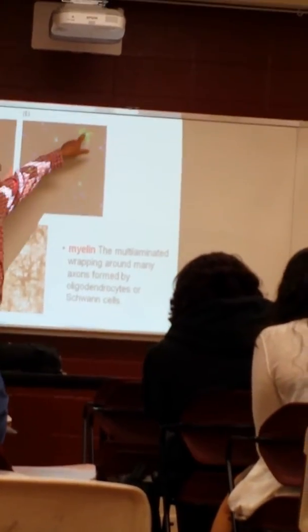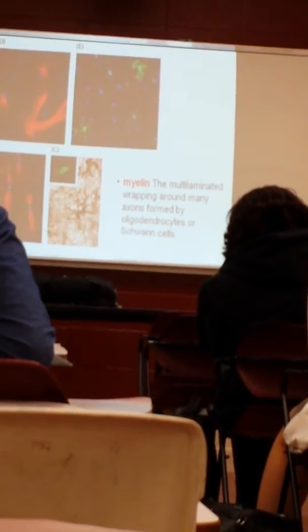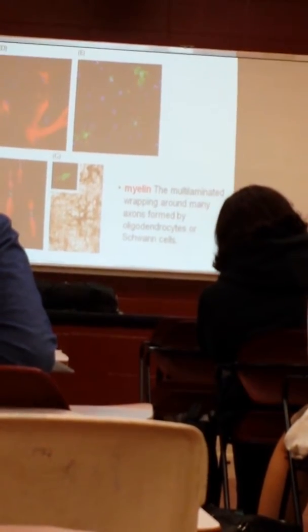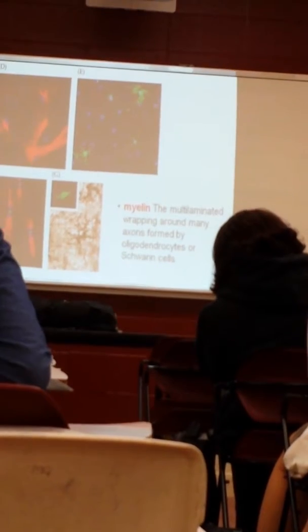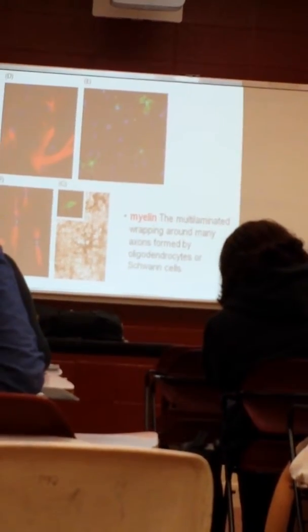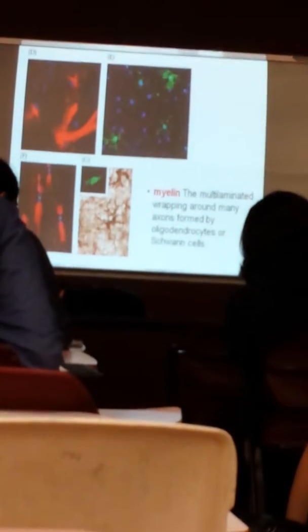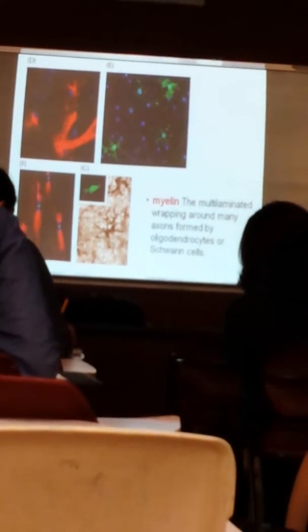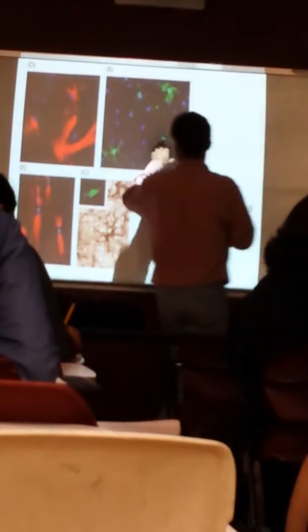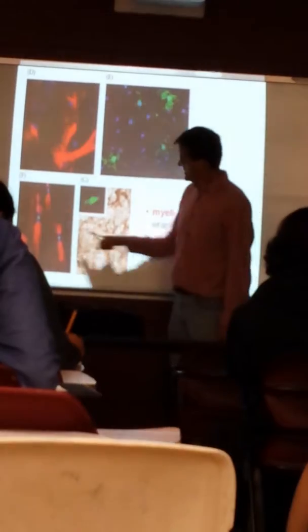They also have this kind of starry shape. But in here, this is an axon. I'll show you this light so you can see better. So here you can see the oligodendrocytes having that starry shape, but here you have axons, long tube-like things.